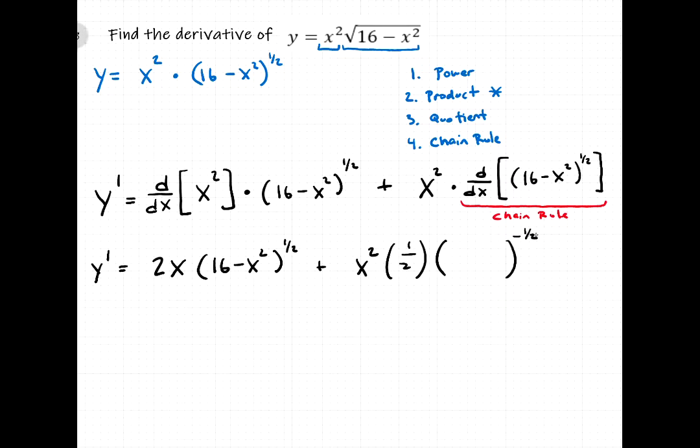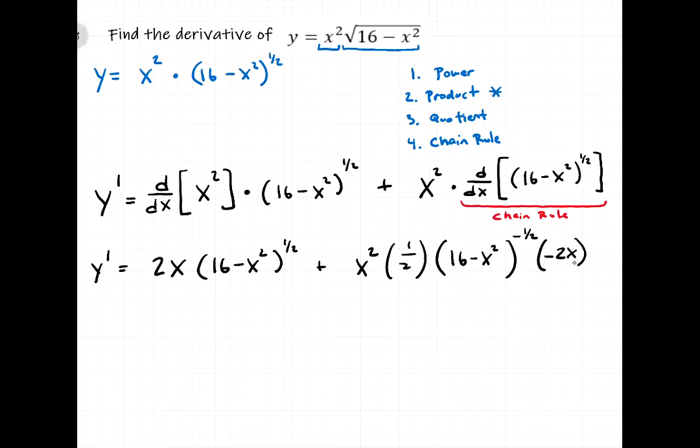So 1/2 minus 1 is negative 1/2. So it's the derivative of the outside function, which is the 1/2 power. Inside function stays the same, times the derivative of the inside function. So the derivative of 16 minus x squared. So the derivative of 16 is 0. And by the power rule, the derivative of negative x squared is a negative 2x.